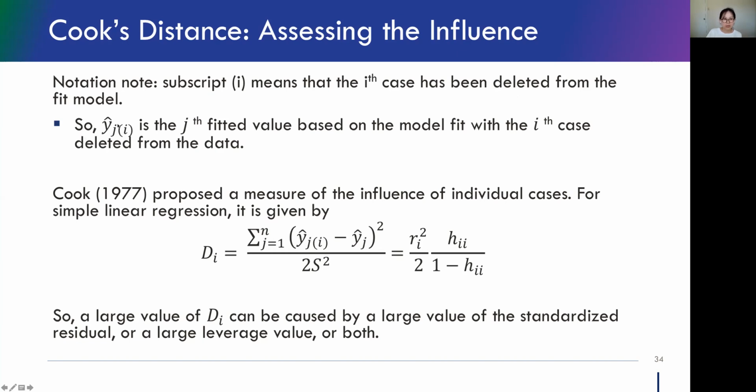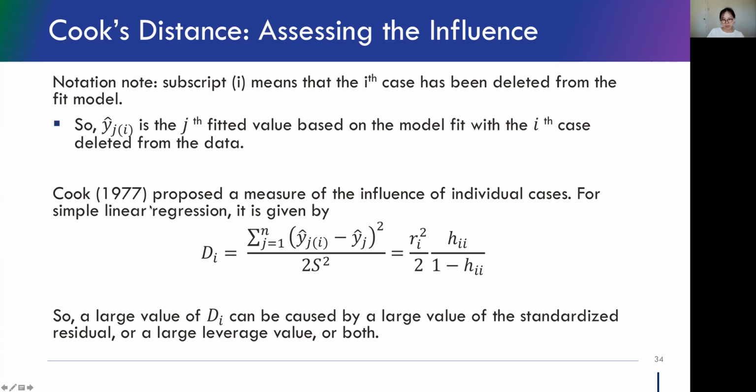So this ŷ_j with the subscript (i) in the bracket means the j-th fitted value based on the model fit with the i-th case deleted from the data. So we fit the data without this i-th data point.